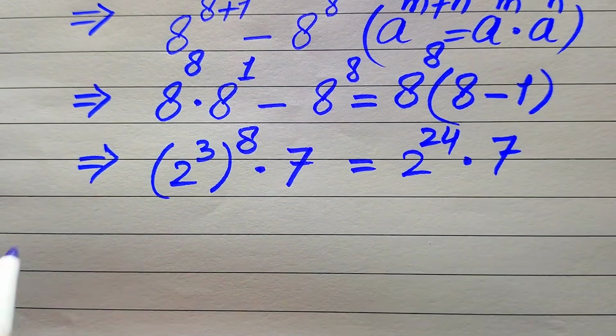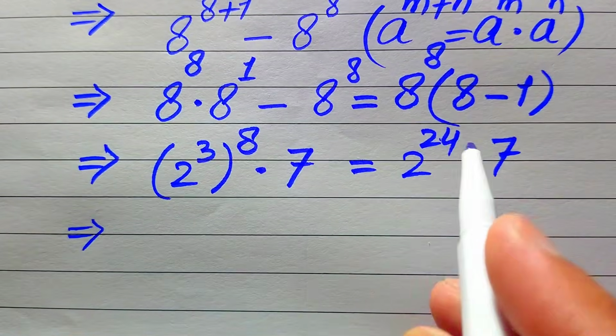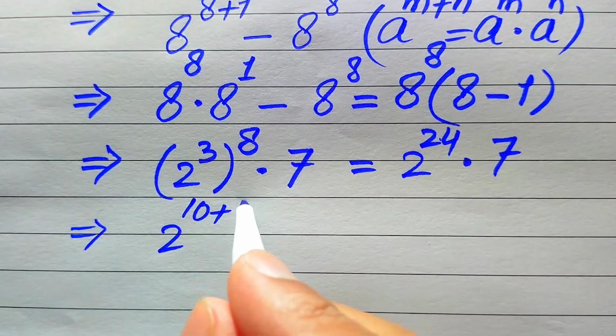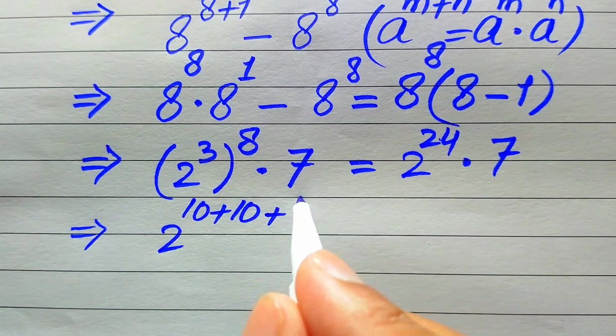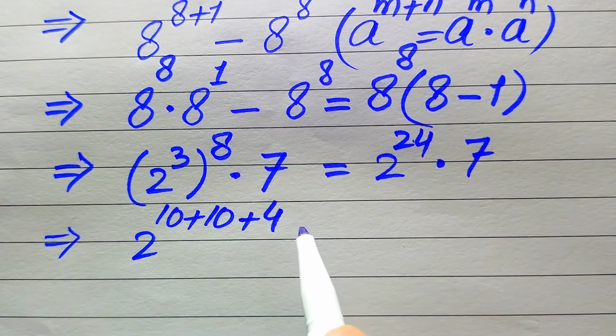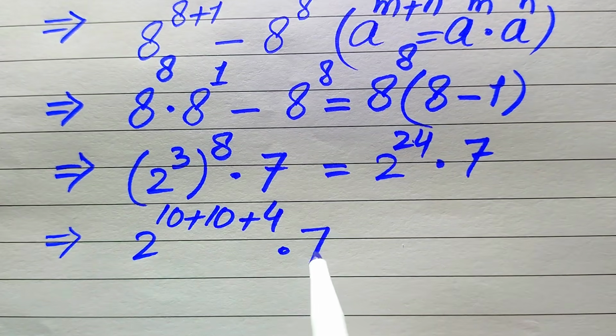In the next step, we break the exponent 24 and write it as 2 to the power of 10 plus 10 plus 4. We know that 10 plus 10 becomes 20 and 20 plus 4 becomes 24, and it is multiplied by 7.